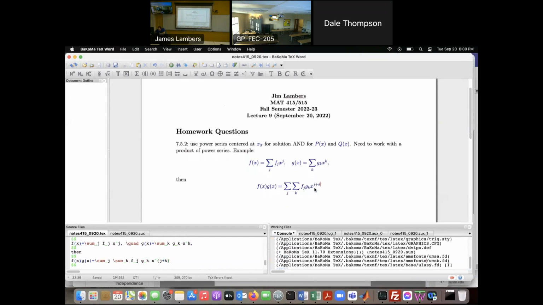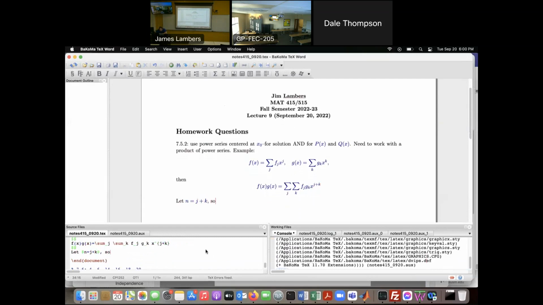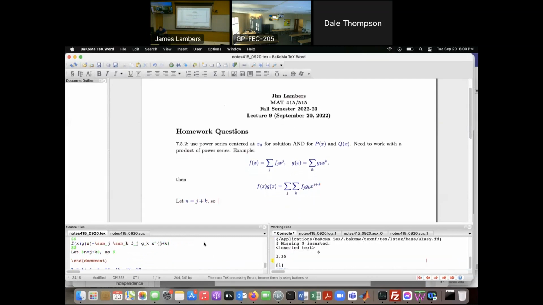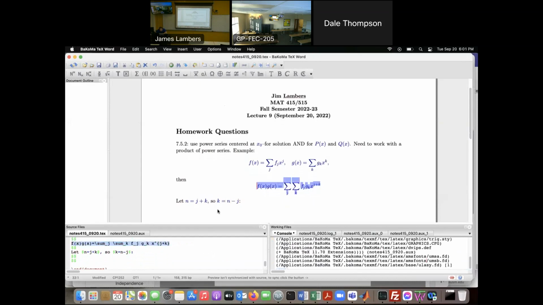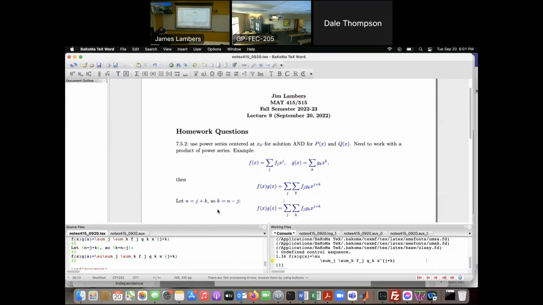So then what you can do is make a change of variable, the index variable. Let n equal j plus k. What that means is you can use that to eliminate one of these indices, expressing it in terms of n. So now I'll have some j's and the sum over n.